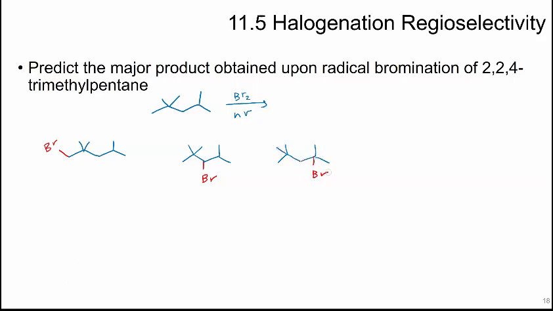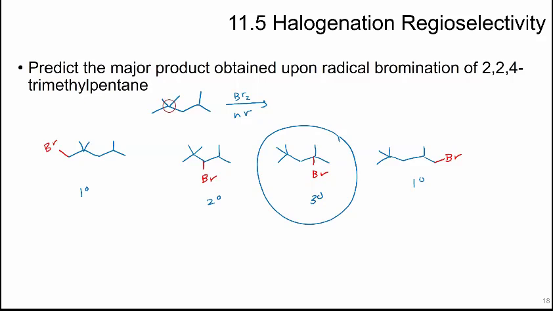Bromination at the tertiary. This is primary, primary, secondary, tertiary. This will be the most stable one, because that forms the most stable radical. We will not form a radical here because there is no hydrogen to abstract there.